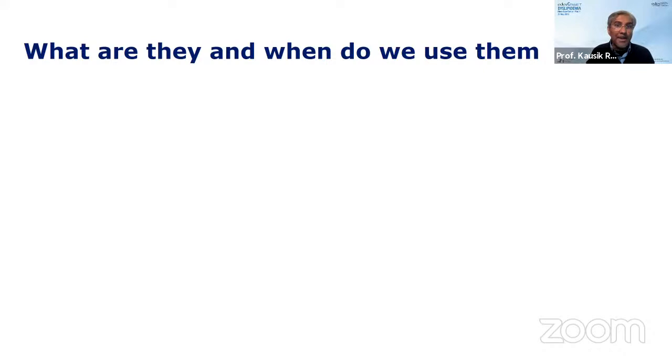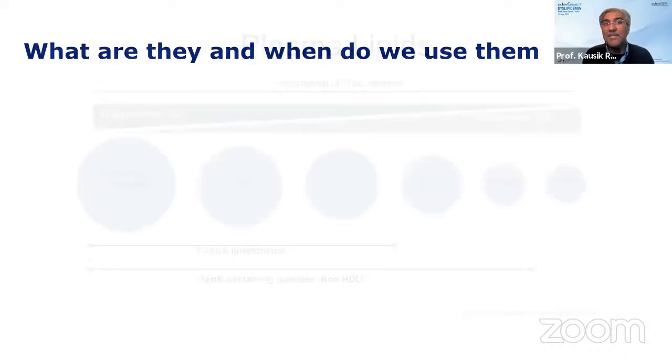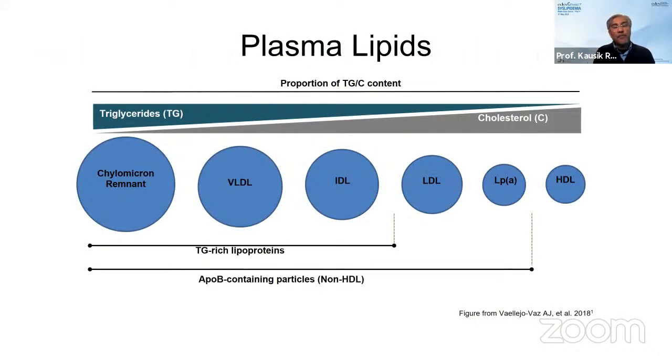If you lower LDL by about 1 millimole or 38 milligrams per deciliter, you will reduce risk by one-fifth. Doesn't matter whether it's diabetes that's driving your risk, or whether it's a high LDL that's driving your risk, or whether it's hypertension, or you've got established cardiovascular disease, or whether it's CKD3 that's driving it.